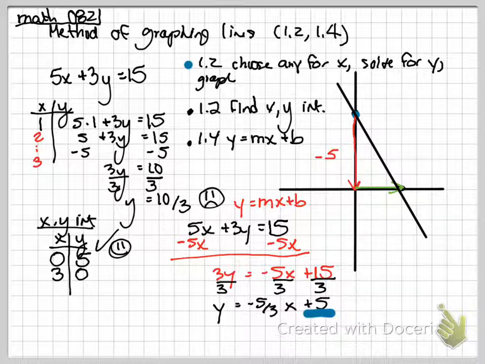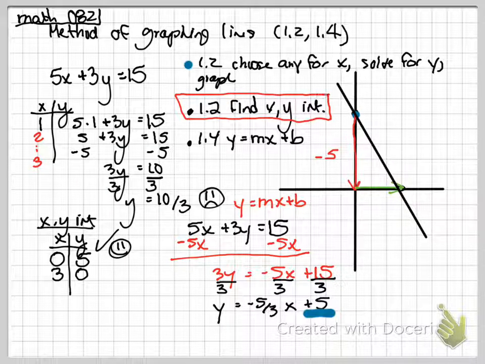Okay, so I think, myself personally, that this was the fastest and easiest way. And I know I didn't take the time to show the work that I did to find these x and y-intercepts, and you would have to do that. But generally speaking, substituting 0 in and then solving is probably less work than what we did for the third equation. So for this particular equation and the way it was given to us, I would argue that this one probably takes the most amount of time. This one is okay.